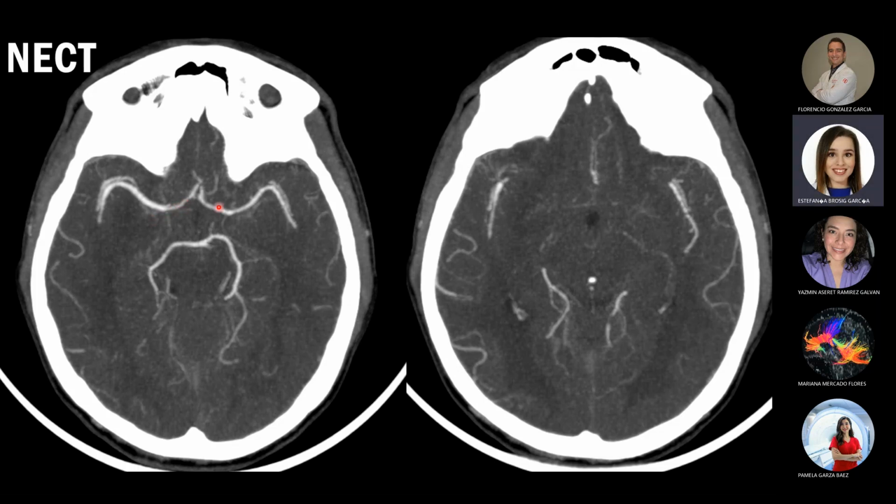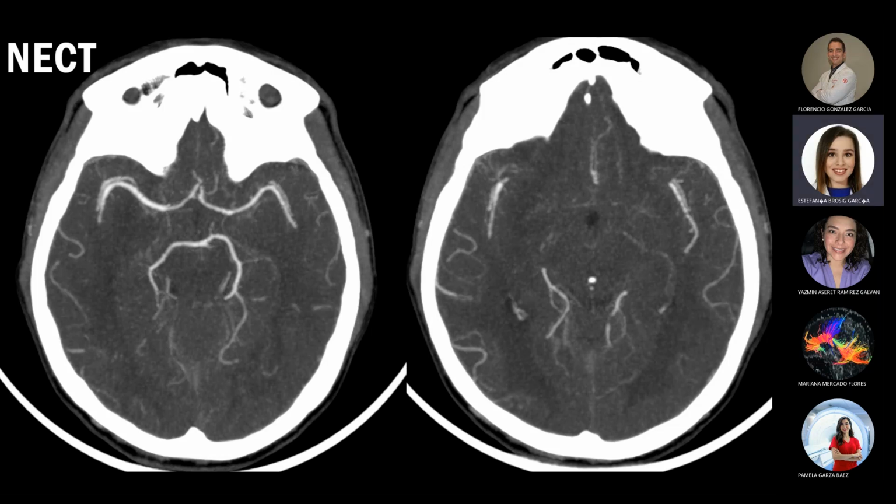We can also see the middle cerebral artery, the posterior one, and the posterior communicating, and we don't see any saccular malformation nor any other cause that might explain the symptoms or the hemorrhage of the patient. Obviously, I just put in representative images. I'm not putting the whole study, but upon evaluation, we didn't see anything else.